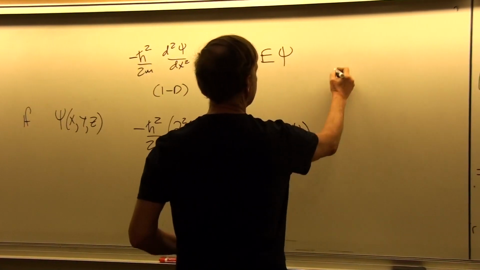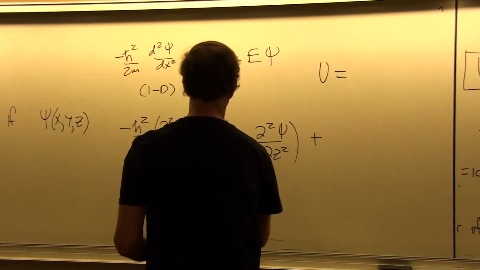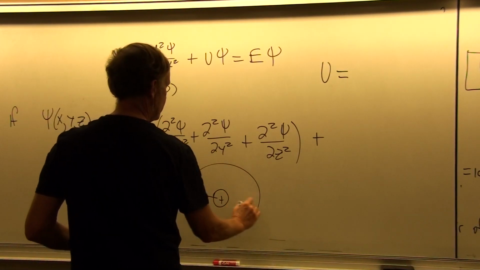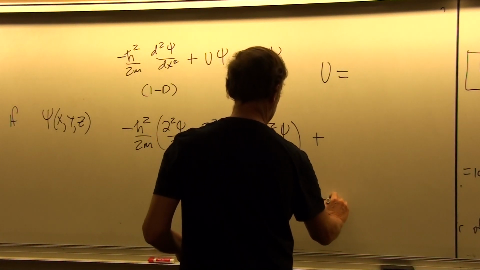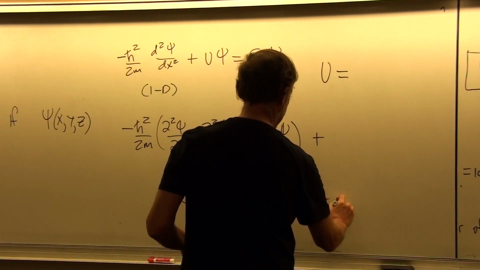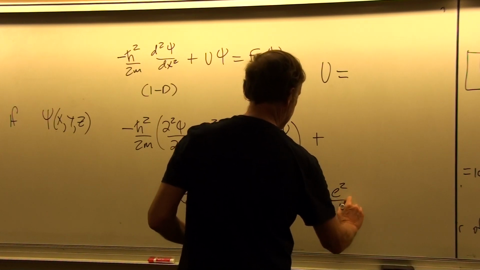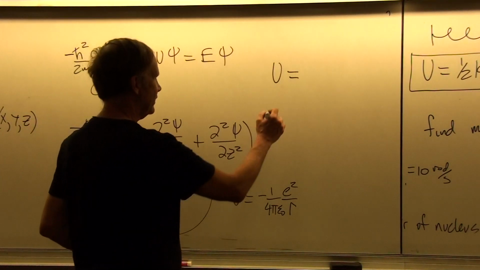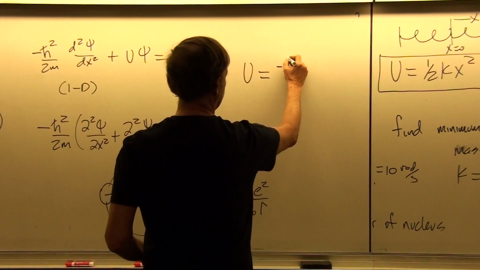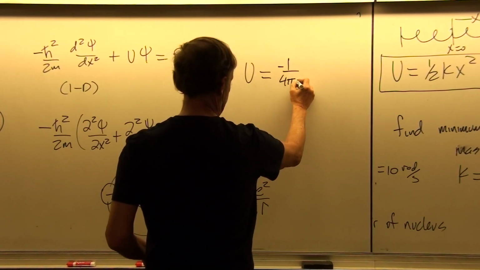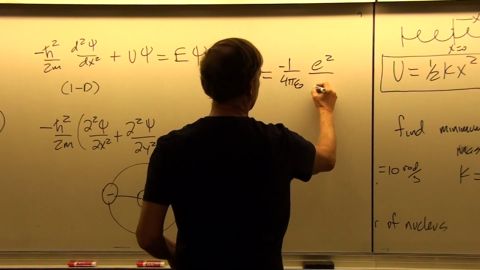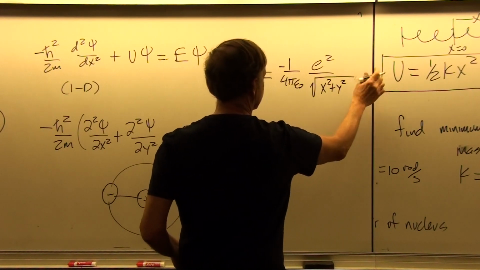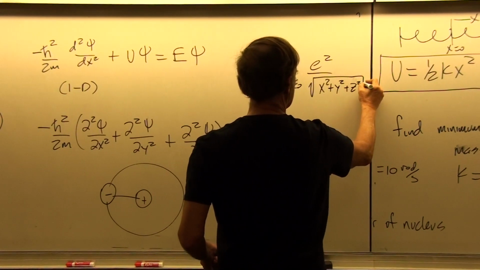plus U psi. Now the potential energy function for an electron going around the hydrogen atom, U here, is just minus 1 over 4 pi epsilon naught e squared over r, where r is our spherical coordinates radius. And so we could write that then as minus 1 over 4 pi epsilon naught e squared divided by the square root of x squared plus y squared plus z squared.